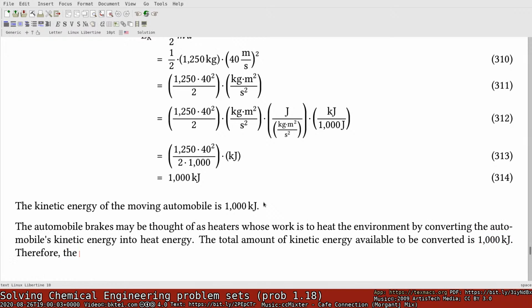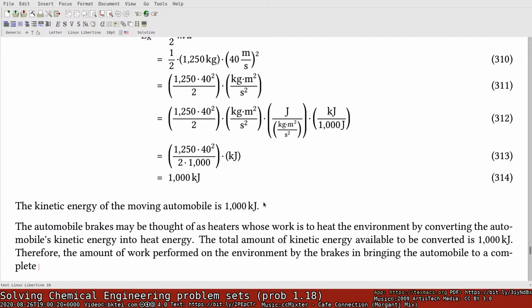Therefore, the amount of work performed on the environment by the brakes in bringing the automobile to a complete stop is the same amount, 1,000 kilojoules. Done and done.